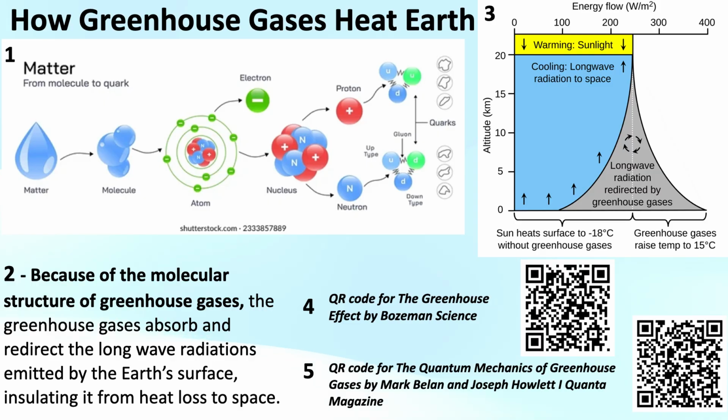Number 5 is an online article from Quanta magazine called The Quantum Mechanics of Greenhouse Gases. Despite the very complex title, it's a very understandable illustration of how this works. I would highly recommend you watch either, both, or one of those if you want more information about how this process operates.